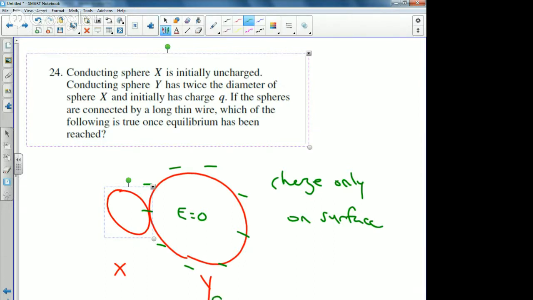Now, if they were equally sized, it'd be easy, because then it'd just be equal. -4, -4. They just share the charge equally. Because it's not equally sized, remember, if I put 4 here and 4 here, it'd be a lot more crowded on the smaller one and a lot more spaced out on the larger one. But they all want to have the same spacing.